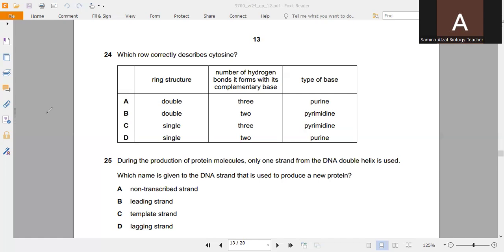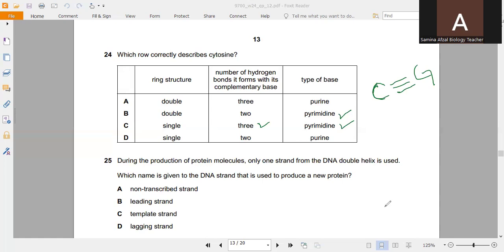The number of hydrogen bonds with its complementary base is three. Cytosine pairs with guanine, so it makes a triple bond, three, and we discuss its structure.